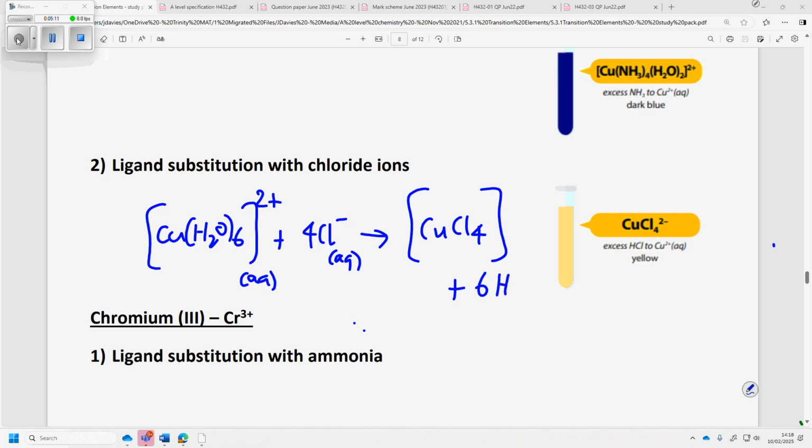So all 6 water molecules come out and 4 chloride ions go in.